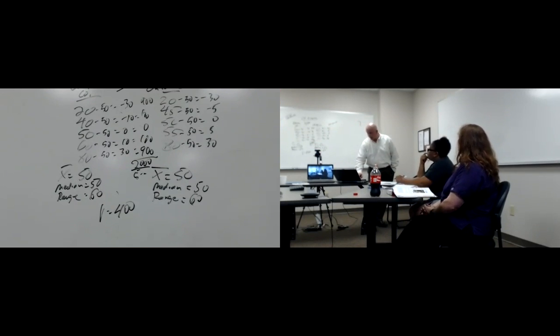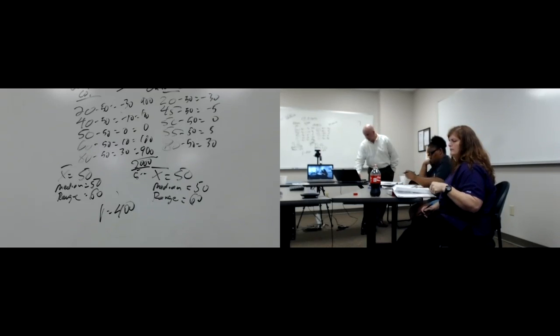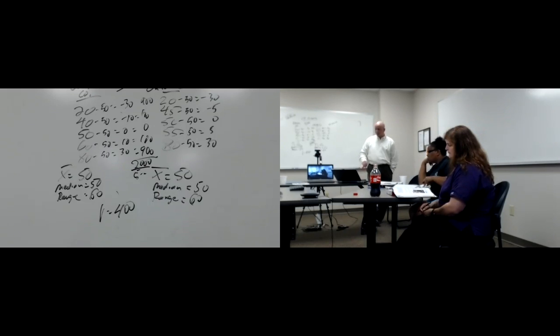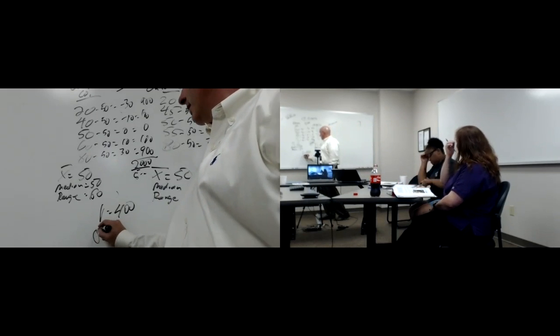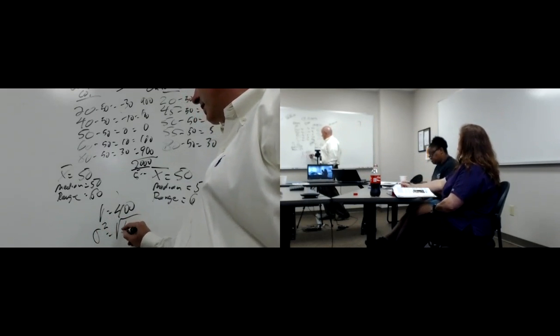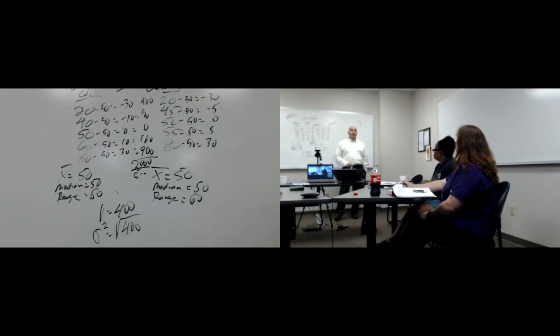Now, because we squared, remember, we squared in order to change that negative to a positive. What do we have to do now, you think? We take the square root of 400, and what do I get?